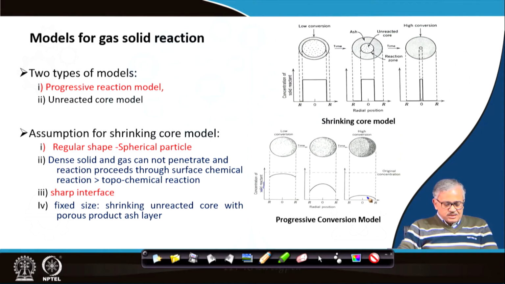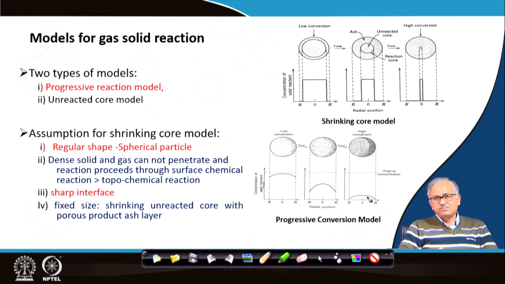But this is not the very actual situation, the real situation, because in most of the cases, after some time, if you take the body and make a cross section, you will find at the core of the particle there is some unreacted core.